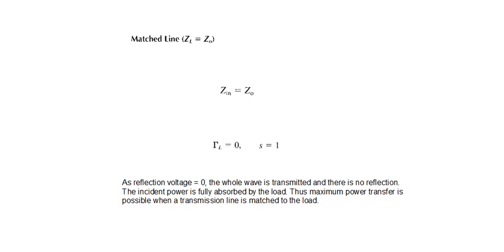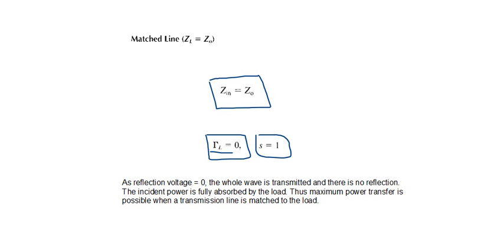Now suppose we have a matched line on which ZL is equal to Z0. At that time Zin is going to become the same, Z0. So this is the complete match case, and whenever we get a complete match, the reflection coefficient is equal to 0. What does it show? There is no reflected voltage wave, in general no reflected signal, and because of that the term is 0 and the standing wave ratio is equal to 1.